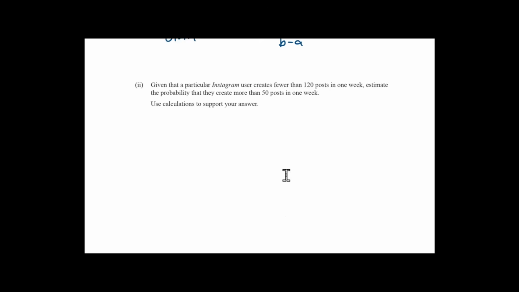Now we're told that given a particular Instagram user creates fewer than 120 posts in 1 week, estimate the probability that they create more than 50 posts in a week. So in other words, we're saying the probability that they create more than 50, given that X is less than 120.